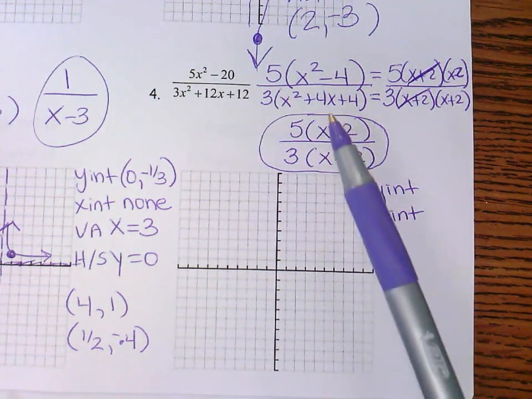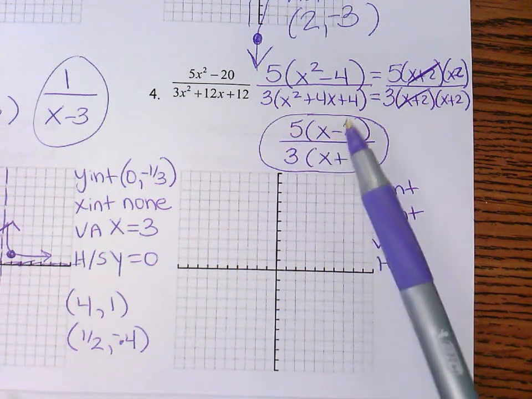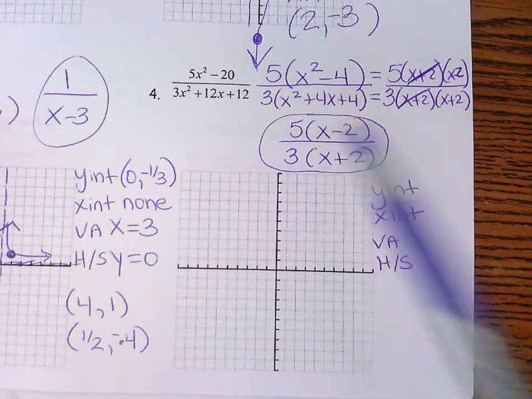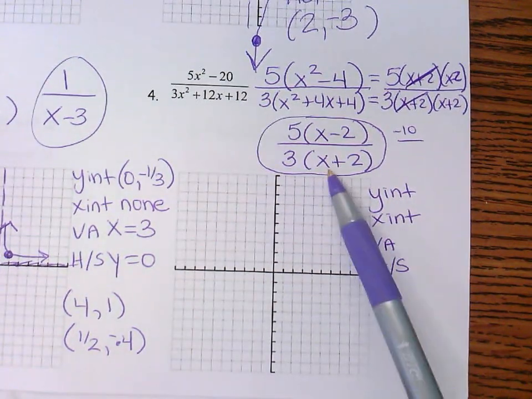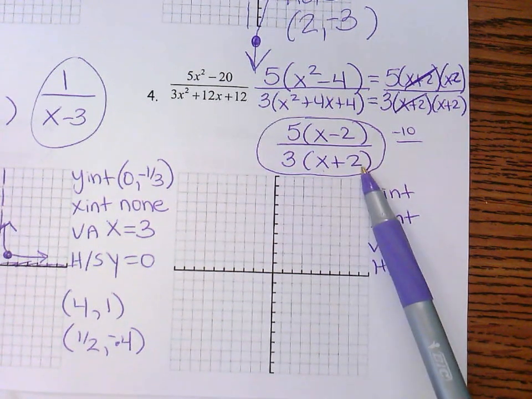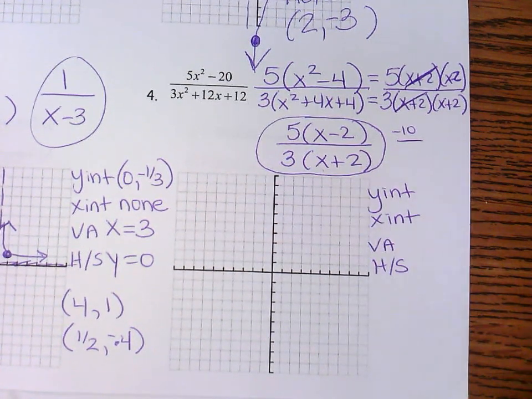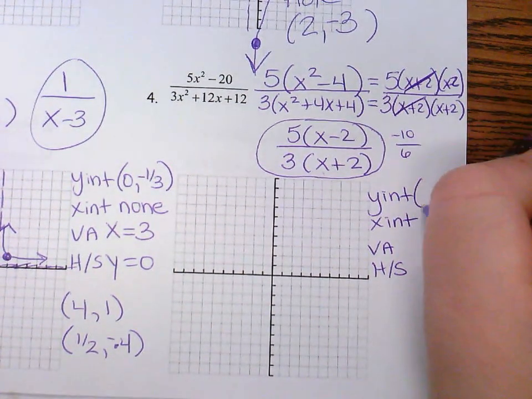So I plug in 0, 5 times negative 2, right, would give me negative 10 over, plug in 0, 3 times 2 is 6. Negative 10 sixths. I have to plot that. What is that?